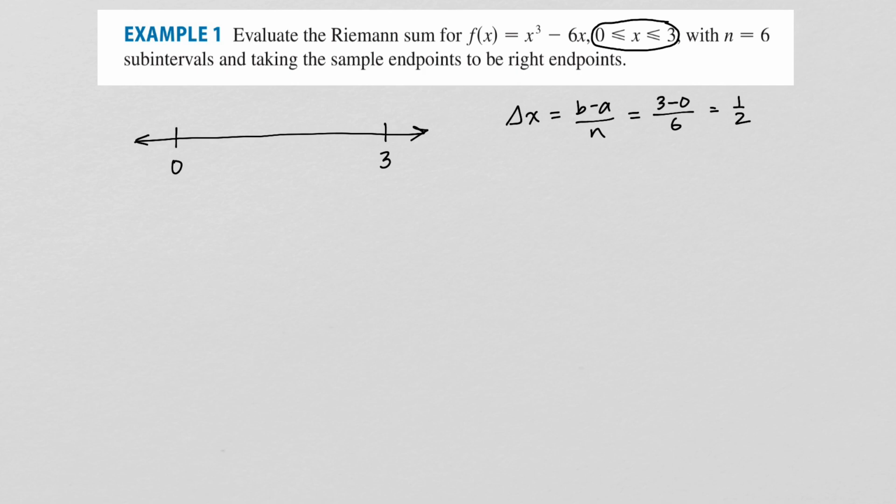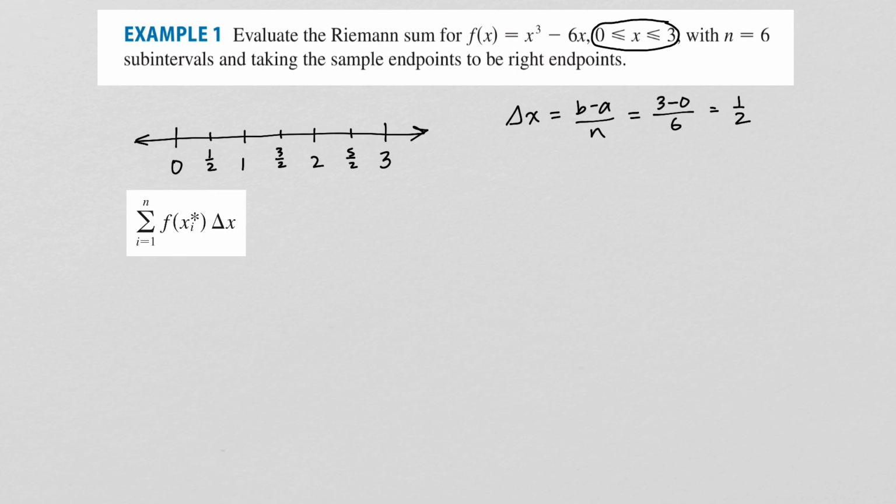And this means that every 1/2 unit starting from 0, you will have a subinterval. So allow me to put down 1 and 2, and then if we break that up into halves, you get these numbers here. So you should be able to see now we have 1, 2, 3, 4, 5, 6 subintervals.